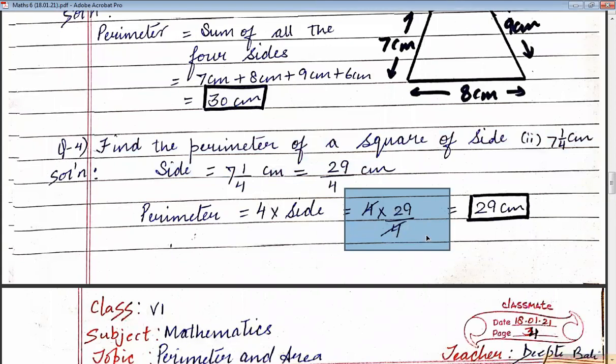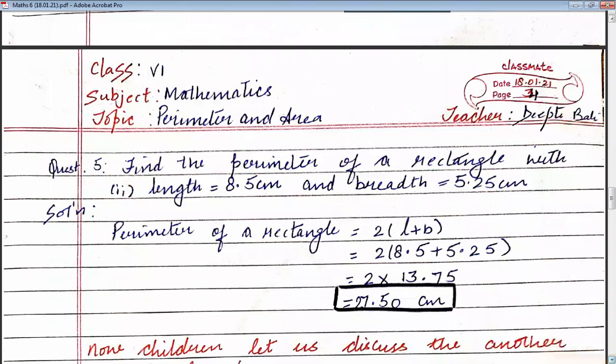Now you have to convert this into lowest form. After converting into lowest form, your answer is 29 centimeter. So children, here you can say that the perimeter of the square is equal to 29 centimeter. Is it clear? Now let us move on to the next question of your exercise, that is question number 5.